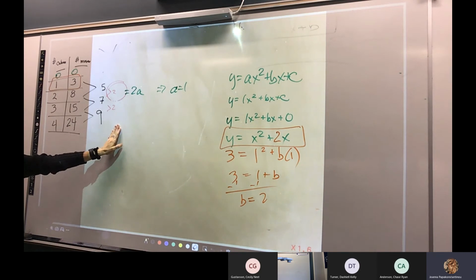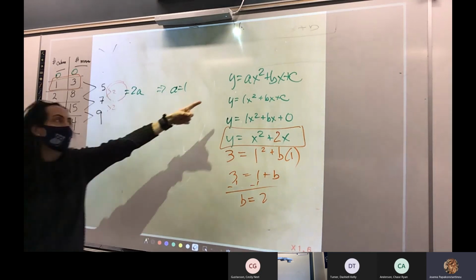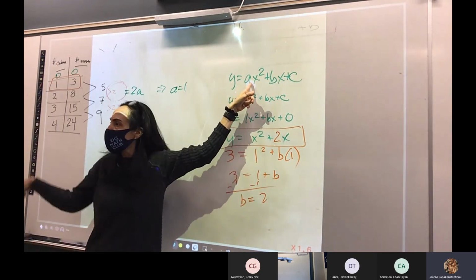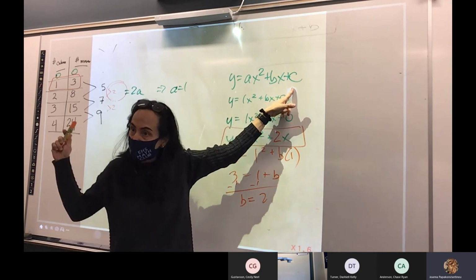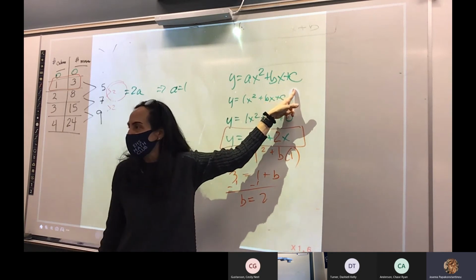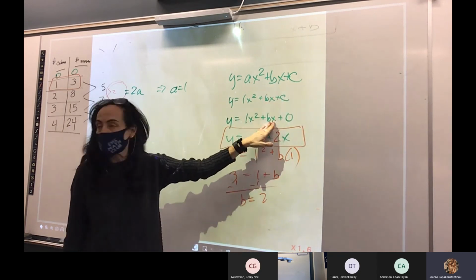If that happens to be constant, it's quadratic. Set this number equal to 2a, find me a. Back up the table if you don't have an input of 0, find me the constant. And then substitute a point in the table to get me b.